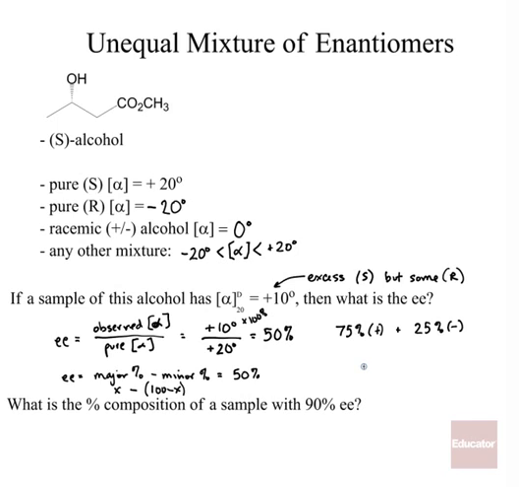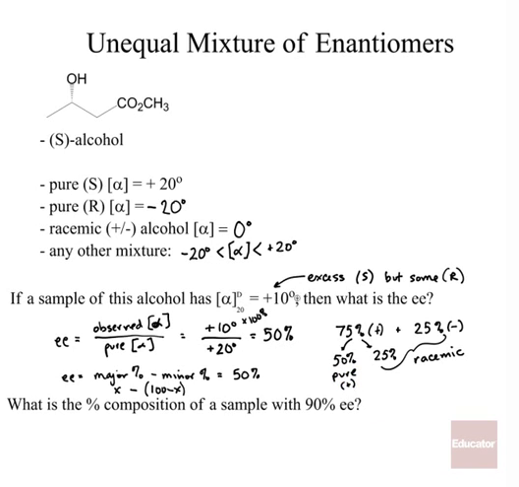And you can imagine that of this 75%, we have 50% that is our excess, and 25% is going to combine with this 25% to be racemic. So it's like half of our mixture is a racemic mixture with plus and minus, 25% of each. The other half of the mixture is pure plus.